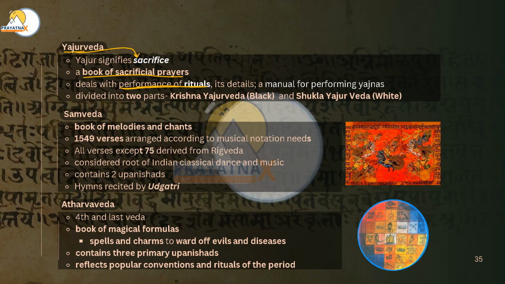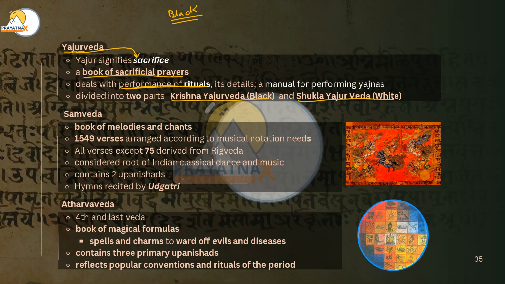Now, it is divided into two parts, the Krishna Yajurveda and the Shukla Yajurveda. Now, Krishna Yajurveda is called black because it is basically unarranged and unclear.